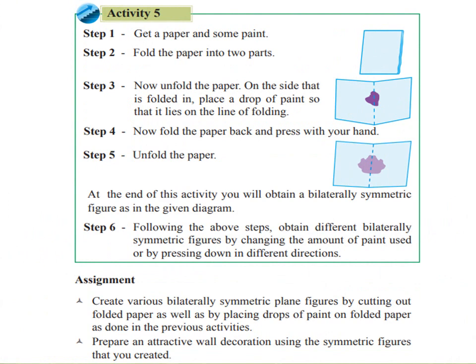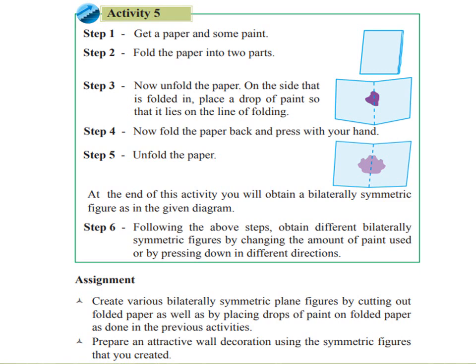So over here you can see activity 5. Step 1, step 2, step 3, step 4, step 5 and step 6 also. Step 1, get a paper and some paint. Step 2, fold the paper into two parts. Step 3, now unfold the paper on the side that it is folded in. Place a drop of paint so that it lies on the line of folding.